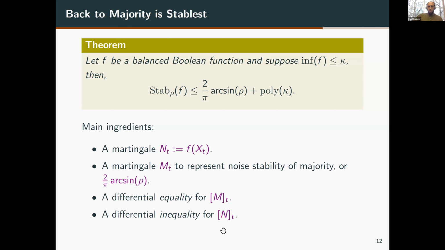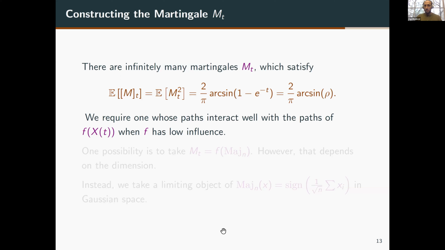So let me explain now how we constructed the process M. Right? Because there are infinitely many martingales, infinitely many processes which satisfy this relation. You can even take M to be deterministic if this is what you care about. But we want a martingale whose path will interact well with the process Nt, basically the Boolean function f applied to Xt.